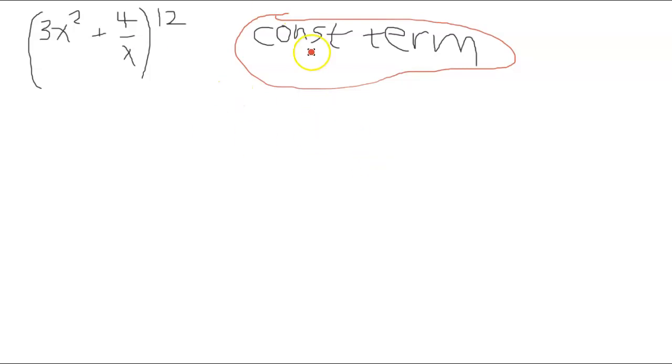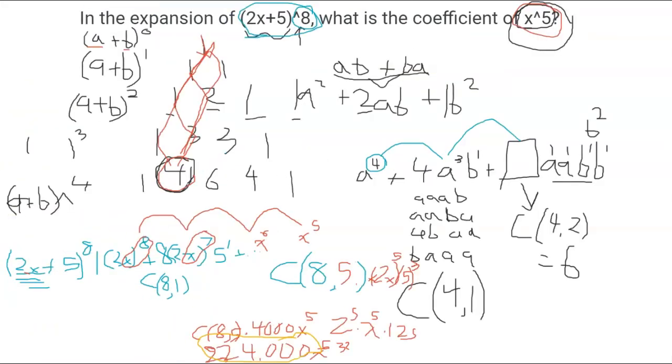Where would we get x to the 0? Well, think about what we're dealing with here. This is really x squared, and this is x to the -1. So before, on the other slide, we were dealing with powers of 2x and powers of 5. The 5 didn't contribute anything to the powers of x's or take away.